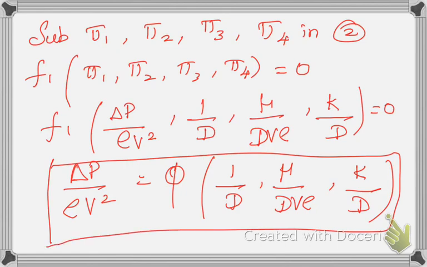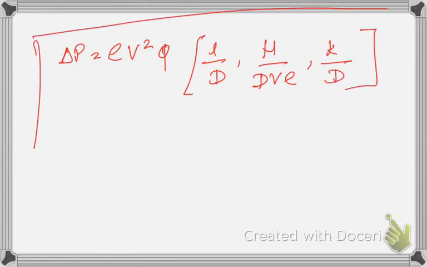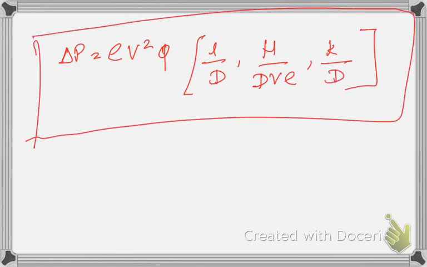Now we can rewrite it, bringing rho v square to the other side. So del p is equal to rho v square phi of L by d, mu by d v rho, k by d, which is an expression for del p.